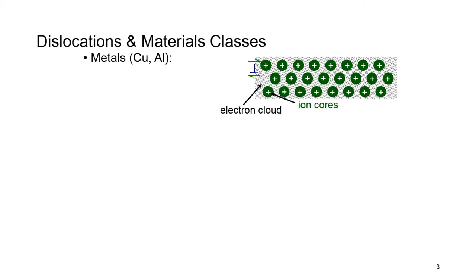In metals, say copper or aluminum, we are dealing with a pool of electrons, and ions are actually in this pool. Therefore, dislocation motion is easiest in metals. We have non-directional bonding, so there is no preferred directional bonding, and there are different close-packed directions for slip.